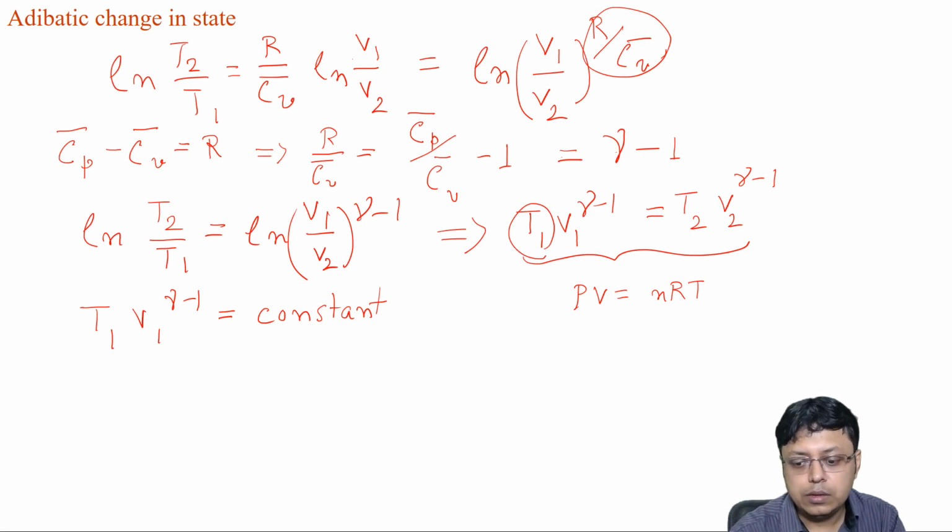So if we substitute T and write PV by nR, we get P1V1 divided by nR, V1 to the power gamma minus 1, is equal to P2V2 divided by nR, V2 to the power gamma minus 1.